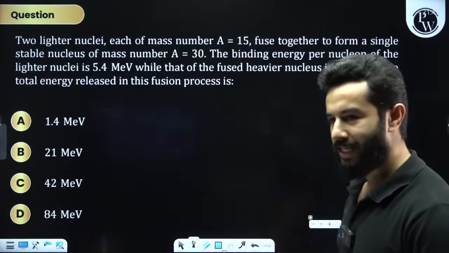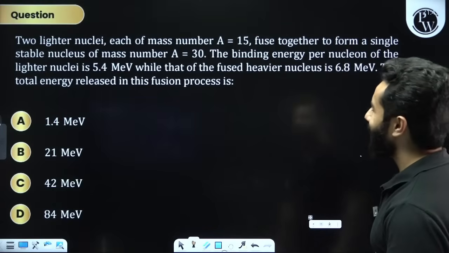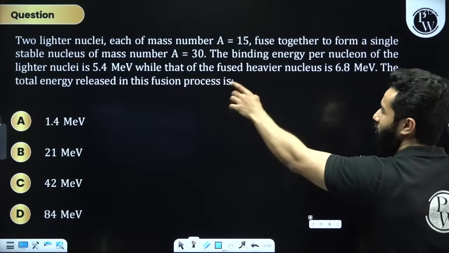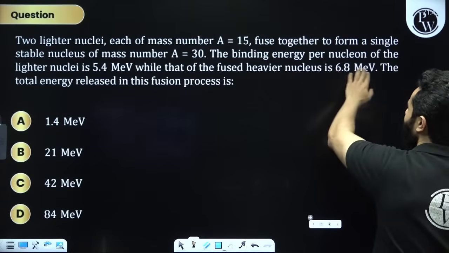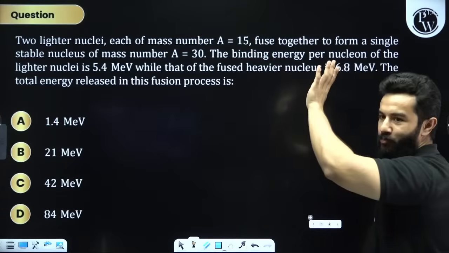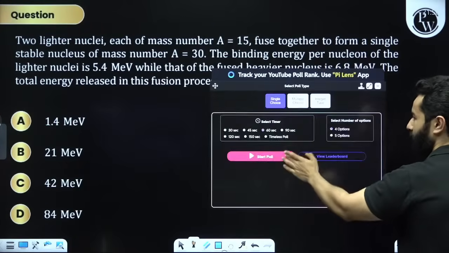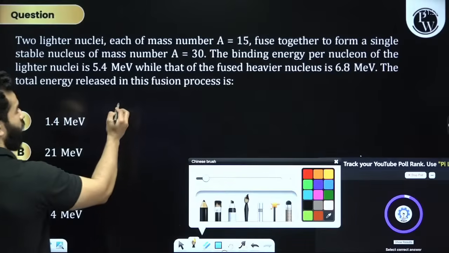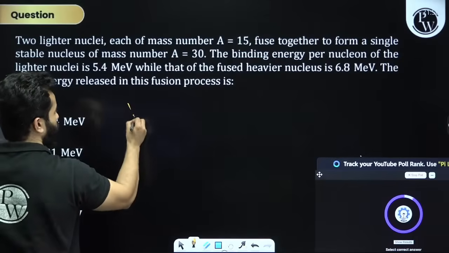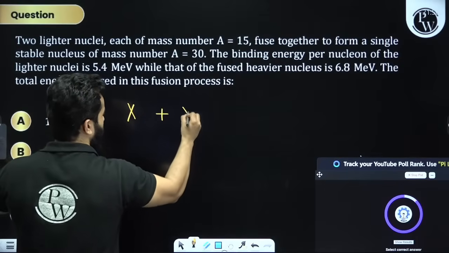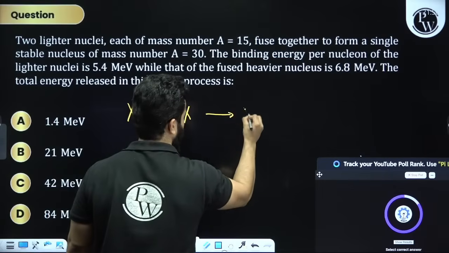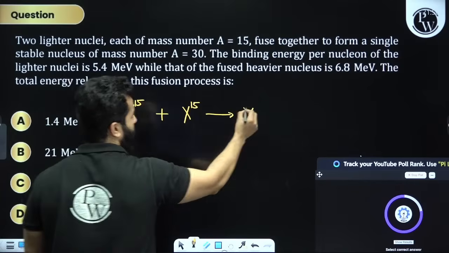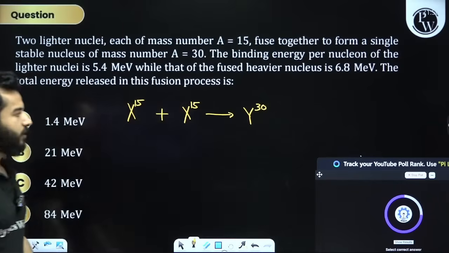Acha, I've got one question related to nuclei. Two lighter nuclei, each of mass number A equals 15, fuse together to form a single stable nucleus of mass number 30. The binding energy per nucleon of the lighter nuclei is 5.4. Let's solve this question. You have two lighter nuclei, X plus X, each of mass number 15, and we get a heavier nucleus of mass number 30.